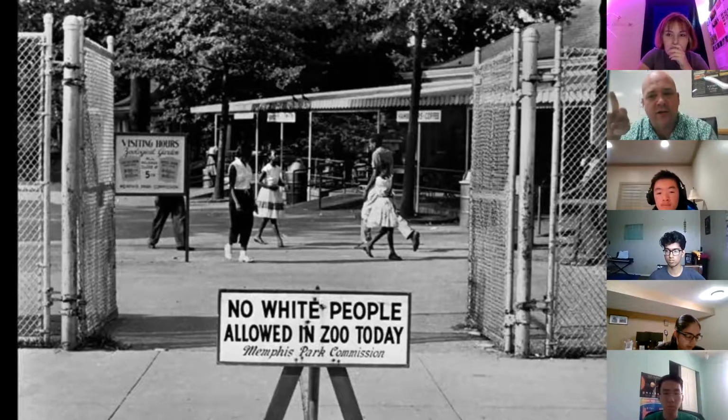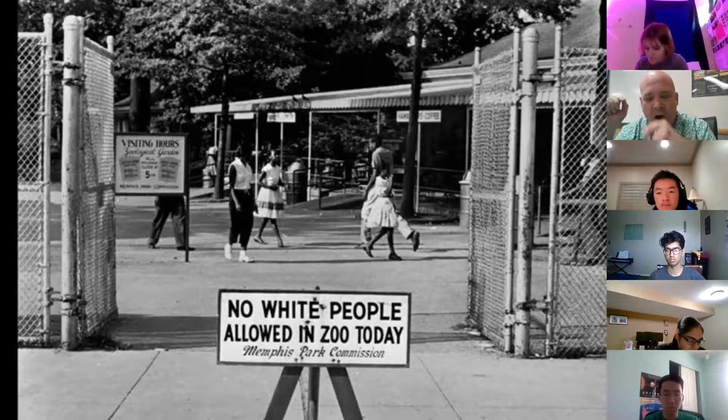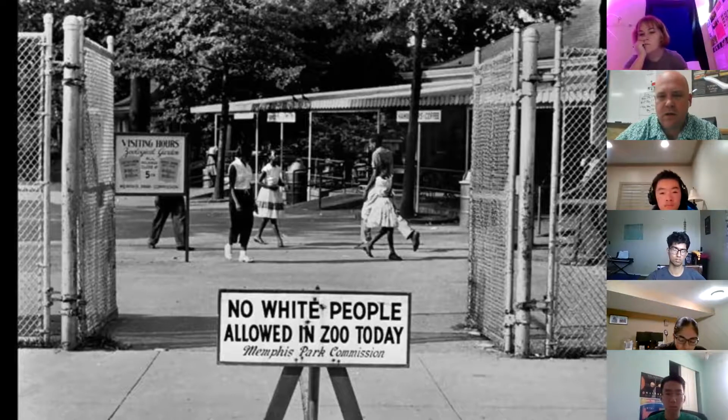Segregation is the cause of all of these effects, okay? All right, there's another part of this too. How does segregation change the relationship between parent and child? Yash, what do you think, man? The relationship between parent and child.